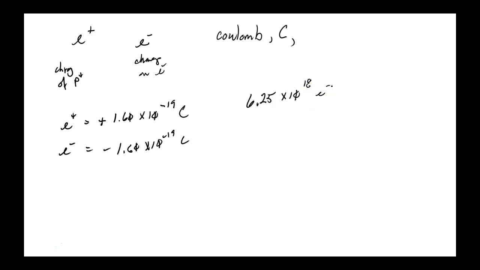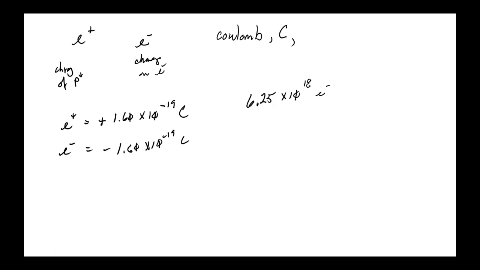I'm going to put E minus because I use that for electron. That would be 6,250,000,000, 5 more sets of 3 zeros up to your 6.250. An enormously large number. I don't even know what that would be.